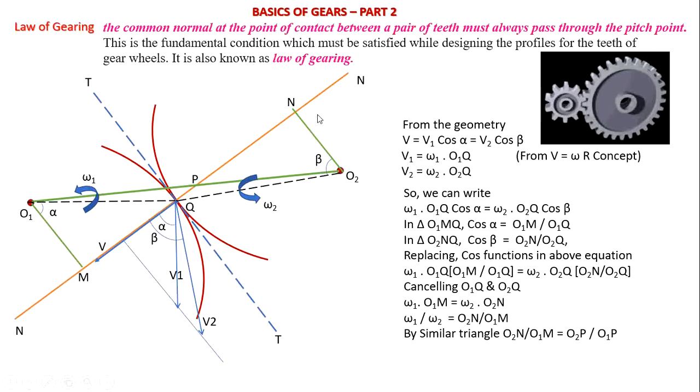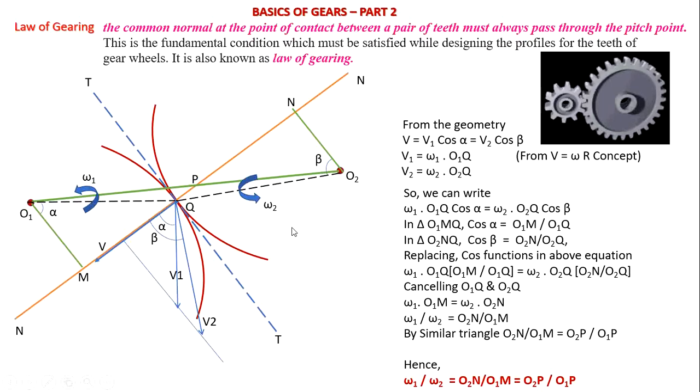Therefore O2N by O1M can be written as O2P by O1P also. Finally, omega 1 by omega 2 equals O2N by O1M, which again equals O2P by O1P.